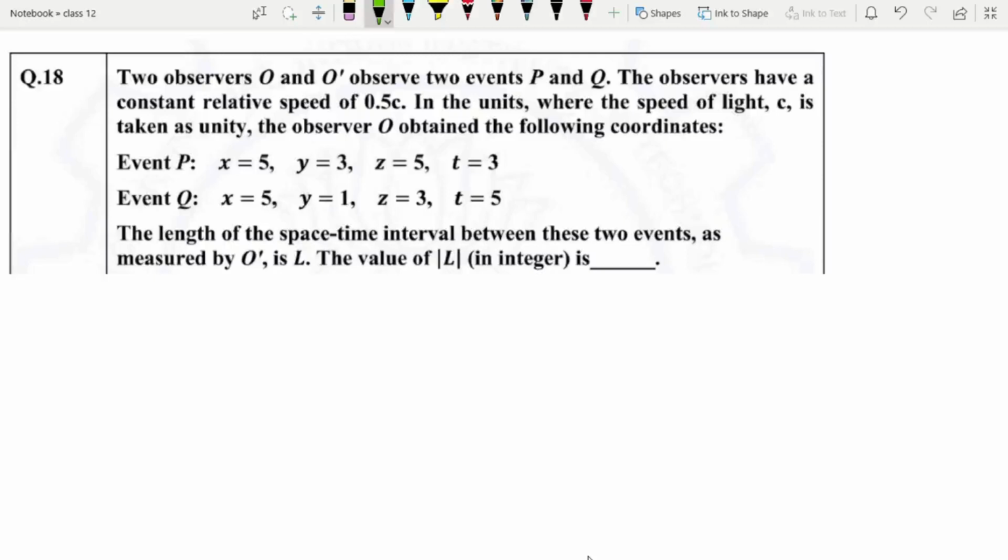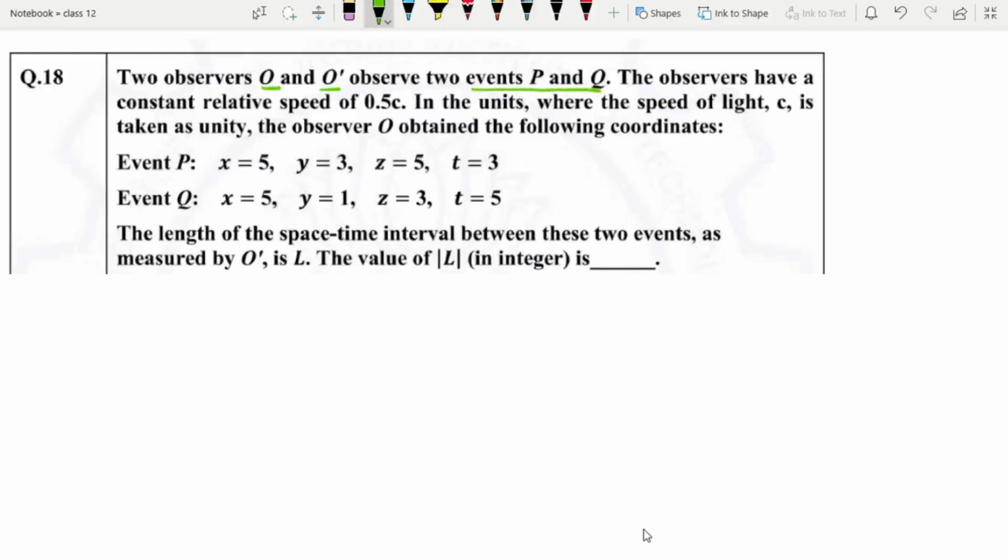Event Q: x is 5, y is 1, z is 3, t is 5. The length of the space-time interval between these two events as measured by O prime is L. The value of L is, in this question they have two observers O and O prime. They are observing two events P and Q.